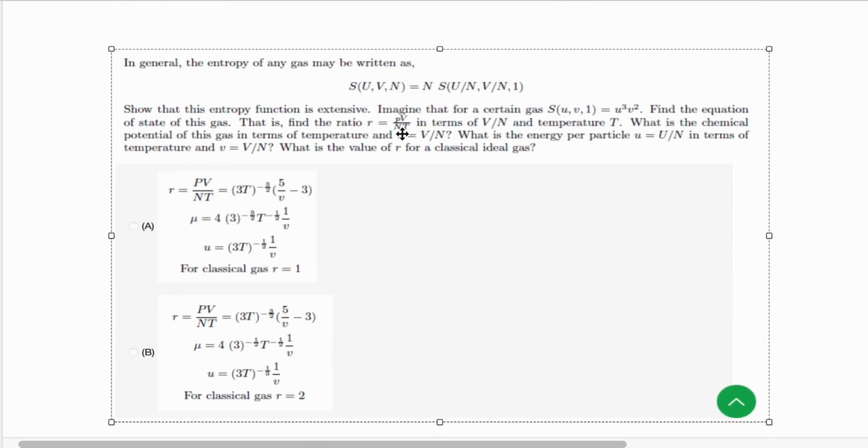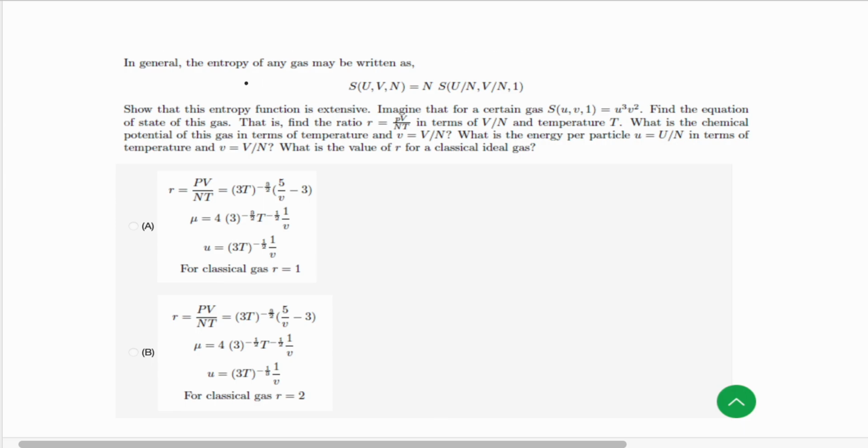In question number 2, it is given that S is a function of U, V, N, where U is the internal energy, V is the volume, and N is the total number of particles. So S(U, V, N) is equal to N times s(U by N, V by N, 1).